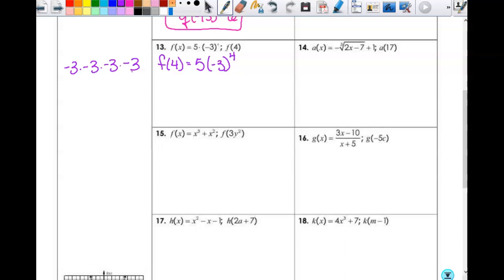That's totally fine. But for some people, those numbers get bigger, especially if I had the 5th power or 6th power. You can do it that way, but you can also look at it like this. First of all, it's to an even power, so we know it's going to be positive, so we don't have to worry about the sign. 3 times 3 is 9. So you get that, and then what's 9 times 9? 81.